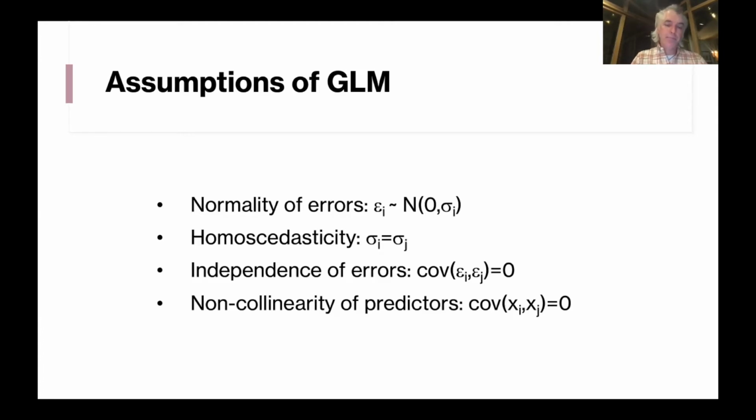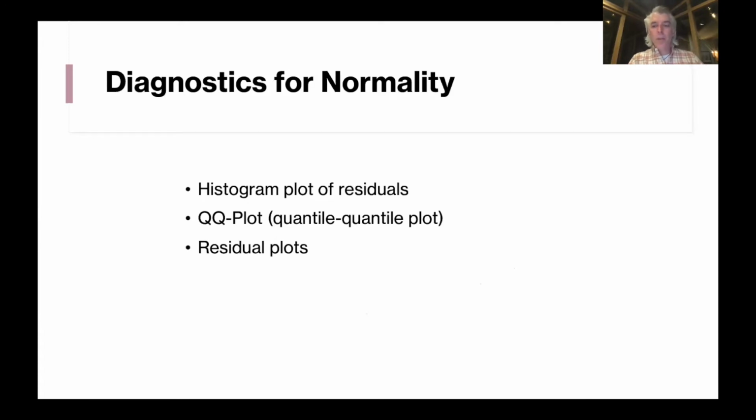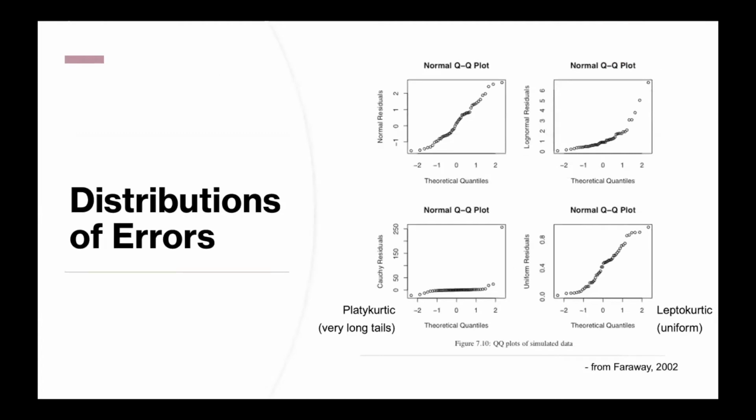We can assess the normality of our residuals from our general linear model using our standard techniques, like a histogram of the residuals or a QQ plot of the residuals. Just like when we were talking about our linear regression, we can assess the normality of our residuals using QQ plots. This is an example of a good QQ plot where the residuals are normally distributed.